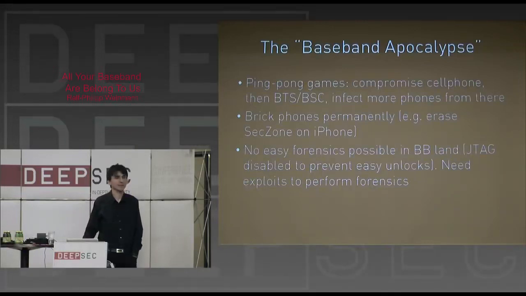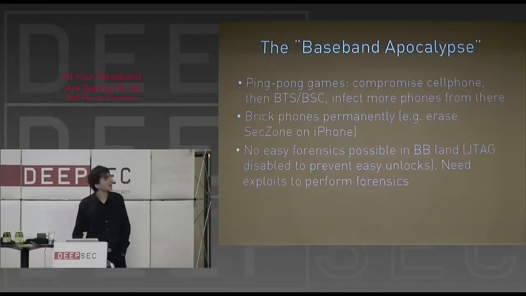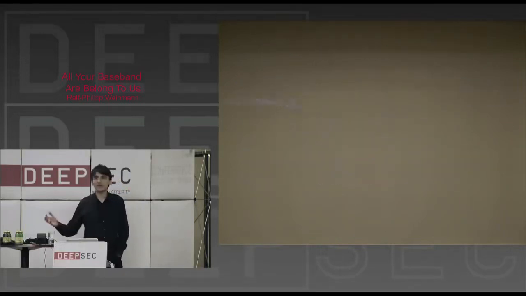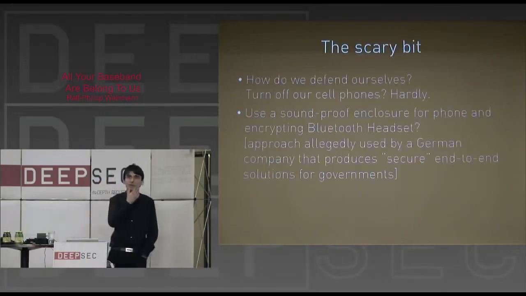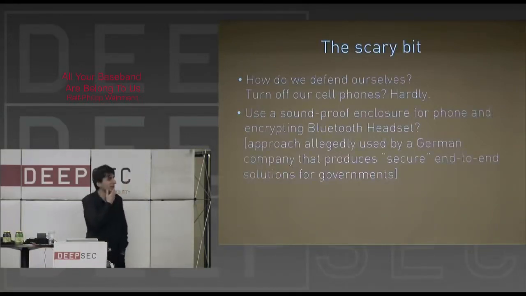And this is also something that gets you around most of the fraud detection if you do many, many small transactions. So it's an arms race. To do forensics, you need exploits again because they've disabled JTAG on most of the phones.